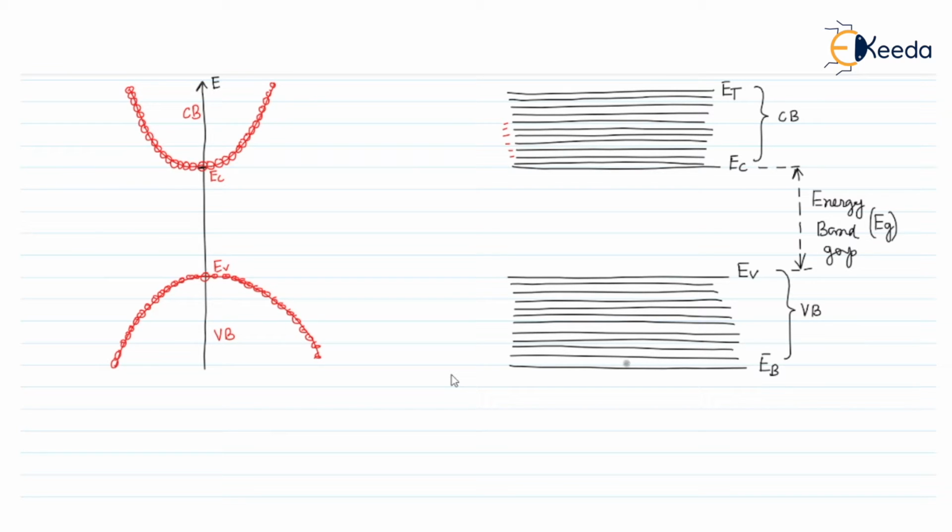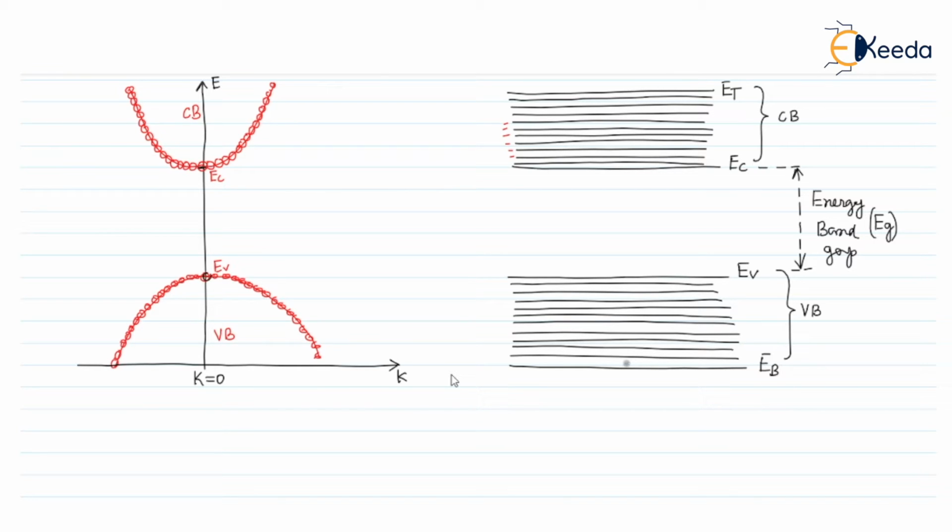Now, at t equals 0, if we denote this axis as the wave vector k, at this point the k value is 0.